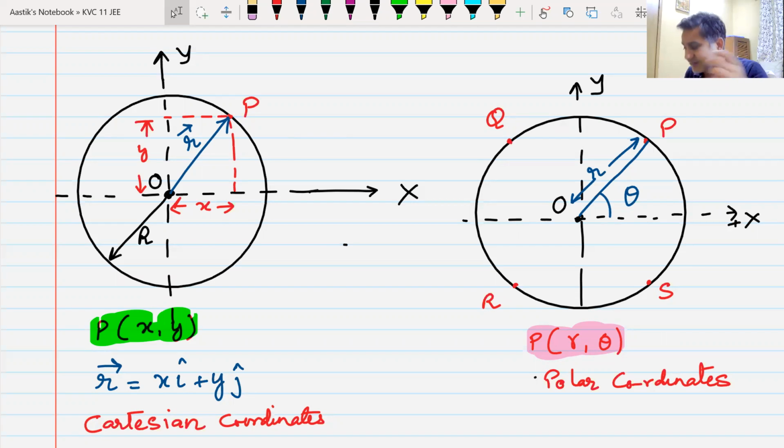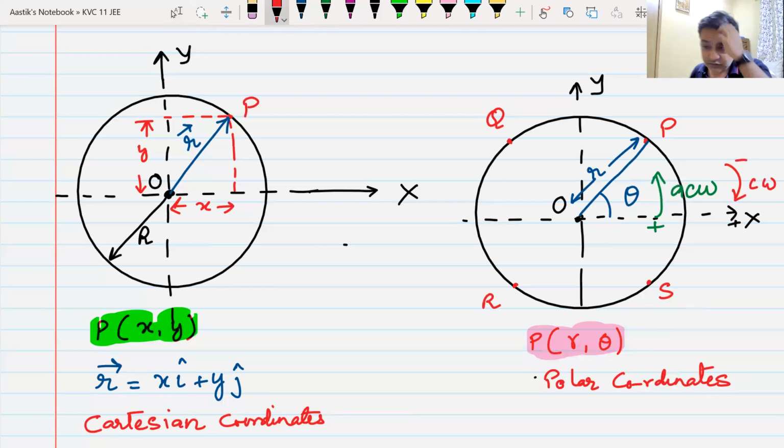Here is also a small sign convention that you must remember: any angle which is anti-clockwise. Understand the meaning of anti-clockwise? Opposite to the direction of clock. Anti-clockwise angles are taken as positive and clockwise angles are taken as negative.